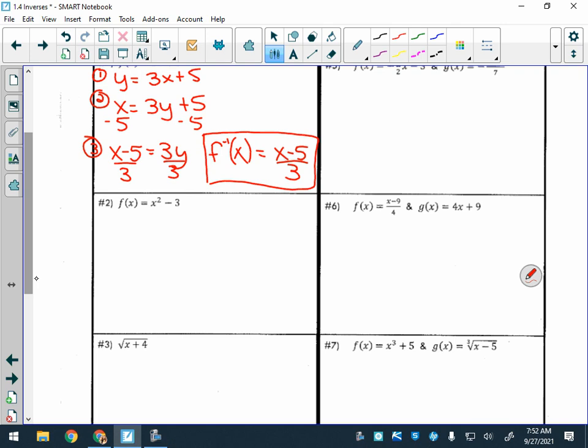All right. Any questions so far? So in order to find the inverse, what is the first thing you have to do? Yeah. Flip x and y. Good. Okay, number 2. Same thing. Okay, we're switching x and y.